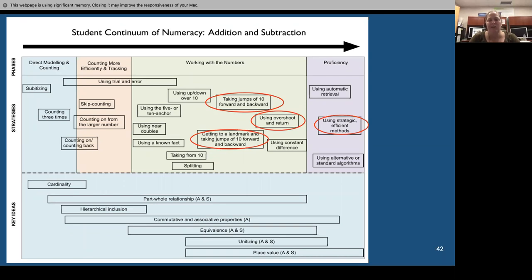And that's really when we see what I would call using strategic and efficient methods, when they're able to actually select which strategy based on the numbers.